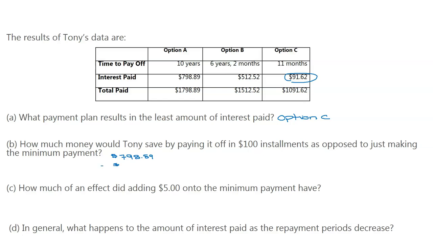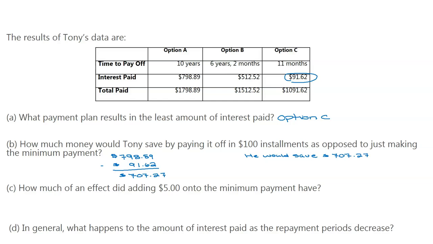And for option C, he pays $91.62 in interest for a difference of $707.27. So we'd say that he would save $707.27.